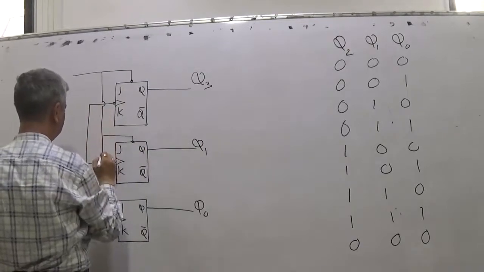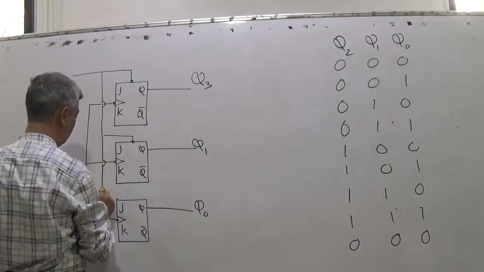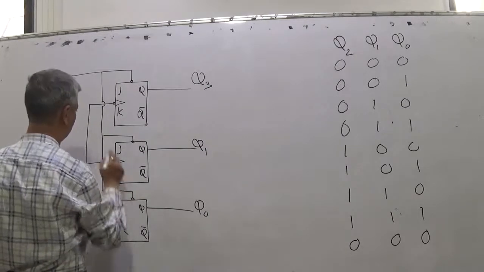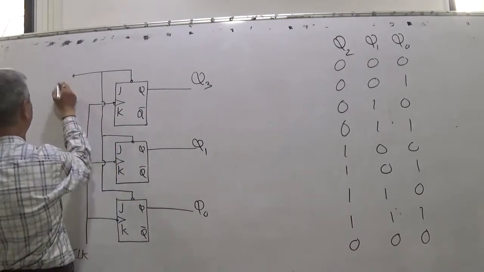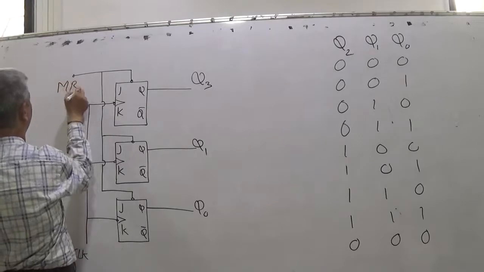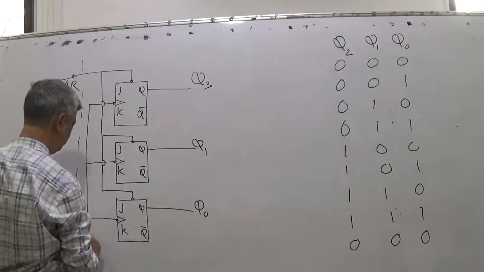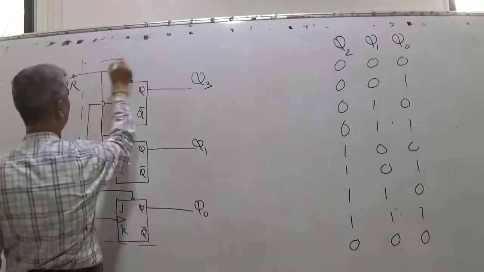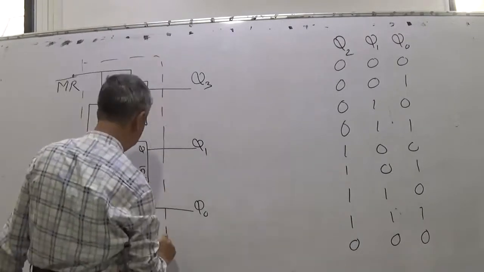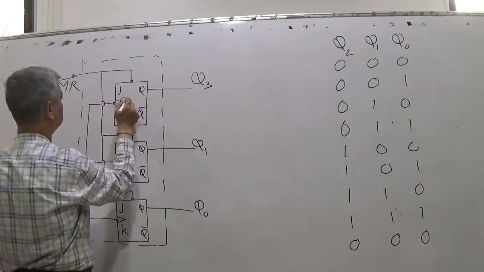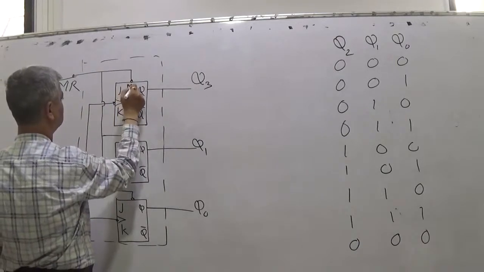If this master reset is made active, that is 0, then all flip-flop outputs become 0. This comes as the overall clock, and this comes as the overall master reset. These are individual clocks, and this is the individual master reset.